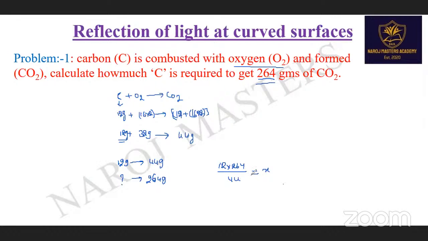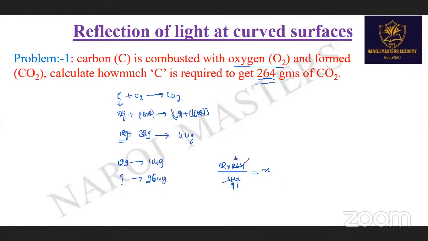So how many times does 44 go into 264? 44 into 2 is 88, 44 into 4 is 176, 44 into 6 is 264. So it goes 6 times. 12 into 6 is 72 grams.